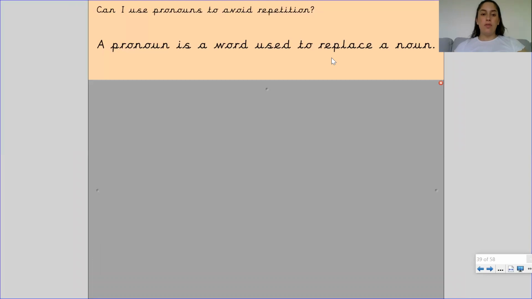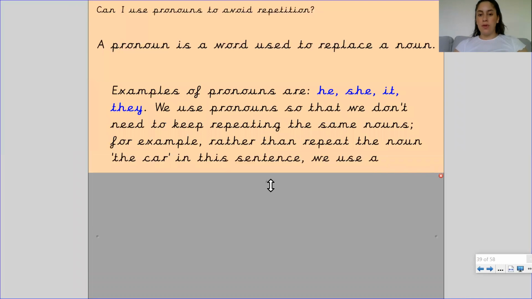So instead of repeating the same noun over and over again in a sentence or in a paragraph, instead we replace it with a word which is called a pronoun. For example, instead of repeating somebody's name or the name of a place or the name of an object, we say he, she, it, or they. We use pronouns so that we don't need to keep repeating the same nouns.